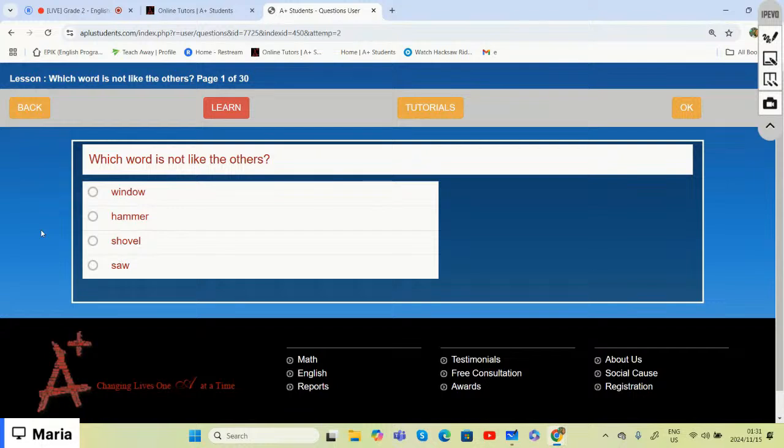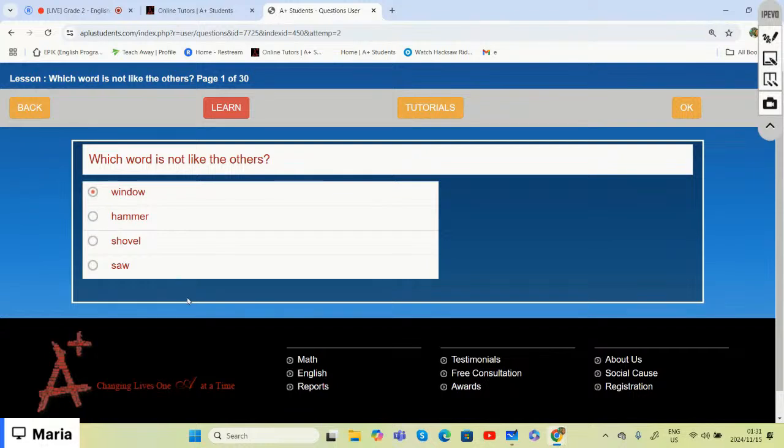So we have window, hammer, shovel, and saw. The word that is not like the others, we can say it is window.